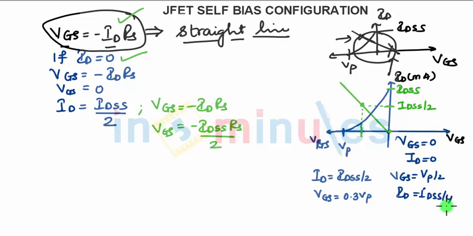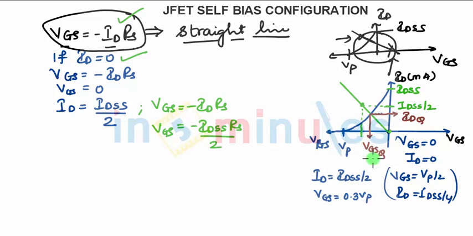These are the 2 points. Wherever this line intersects the transfer characteristics, this point is your IDQ and this point is your VGSQ.